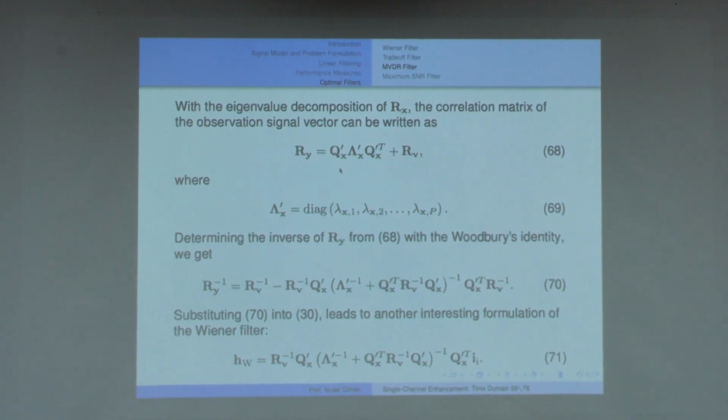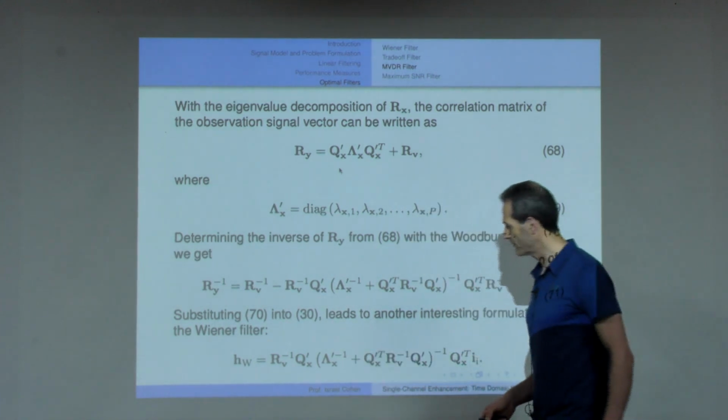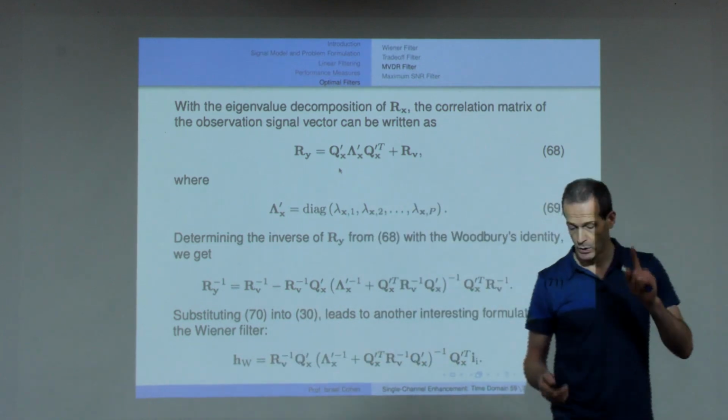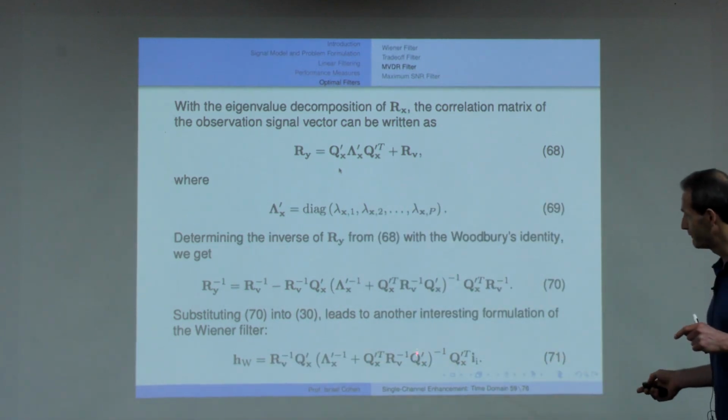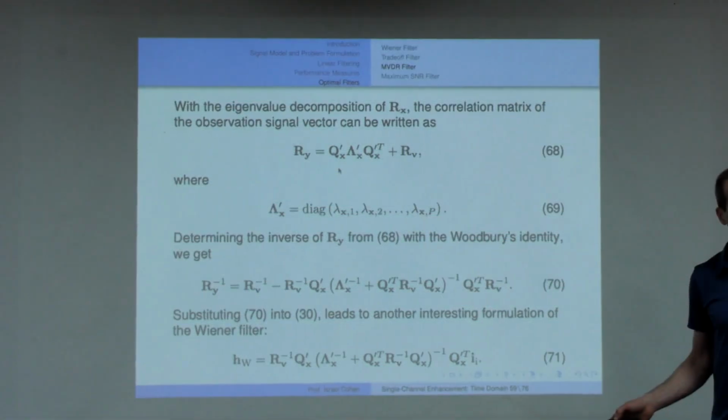What is the difference between the Wiener filter and the MVDR? This part. With the Wiener filter we didn't have this part. When we applied the MVDR to the vectors in Qx prime, which are the first eigenvectors, we didn't have any distortion.